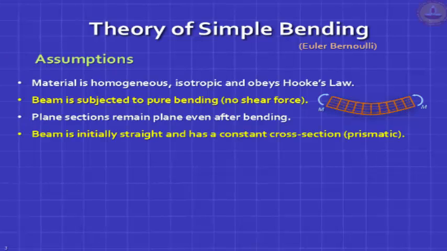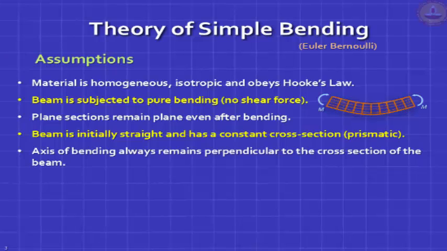The beam is initially straight and it is assumed that it has a constant cross section along the length of the beam. Such beams are said to be prismatic. That means the cross section is a prism and the prism cross section does not change along the length of the beam. Another assumption implicit is that the axis of bending always remains perpendicular to the cross section of the beam, and we saw the implication of this in the last lecture.